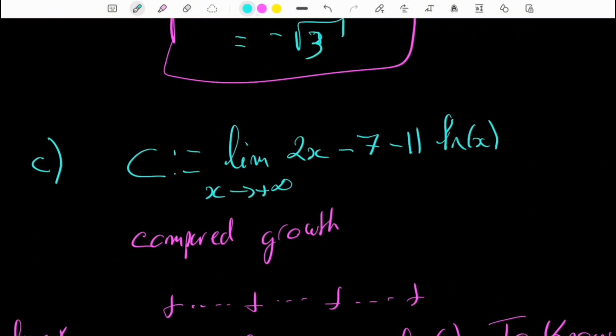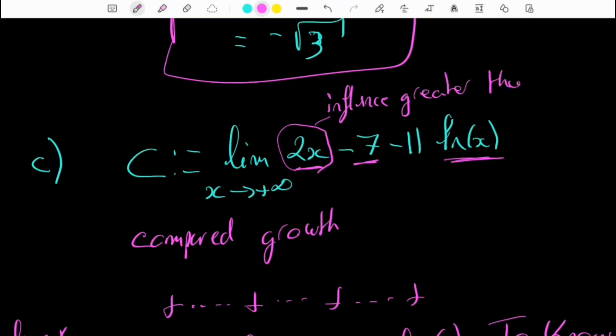So you can see that we've got something polynomial here, one constant here, and something with ln of x. So I just said that what's going to win at infinity is going to be this term with x, because its influence will be greater than the ln of x one.